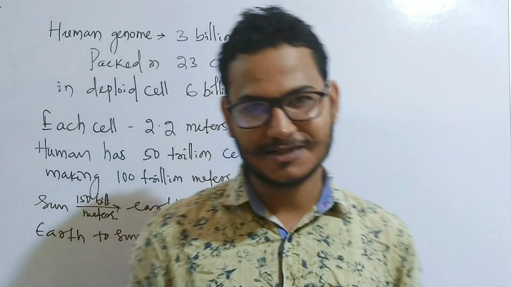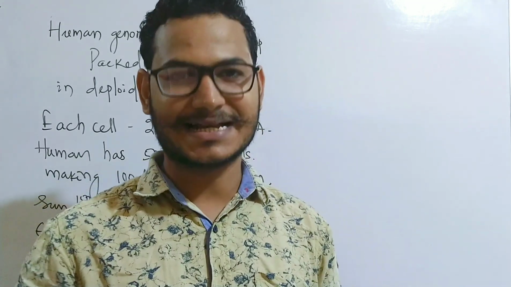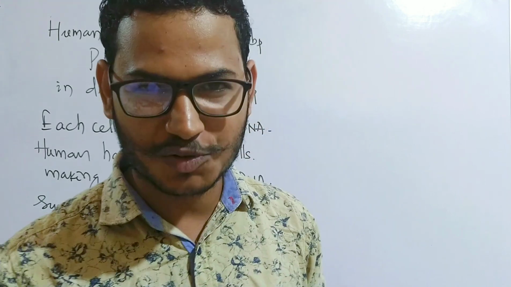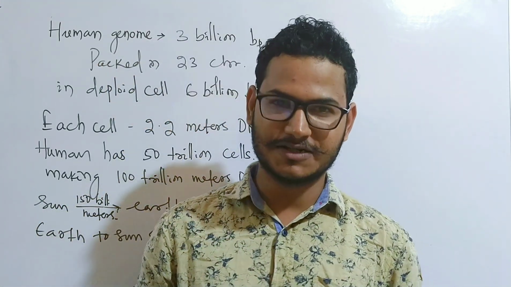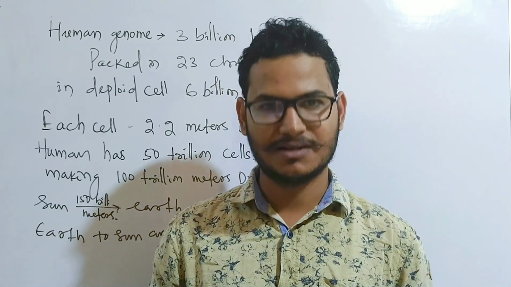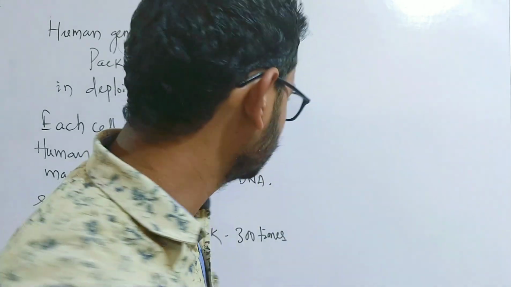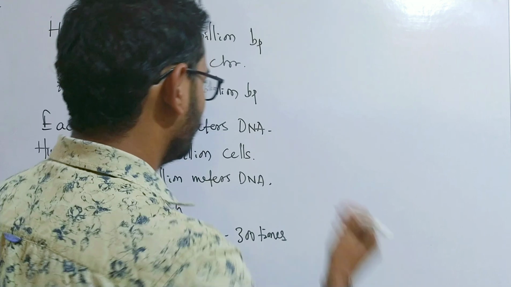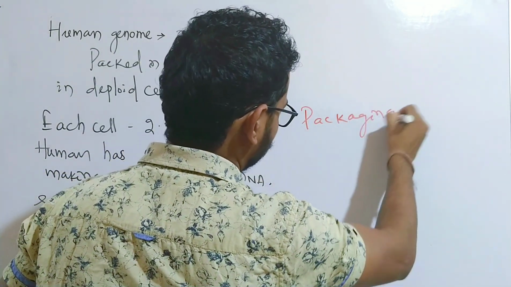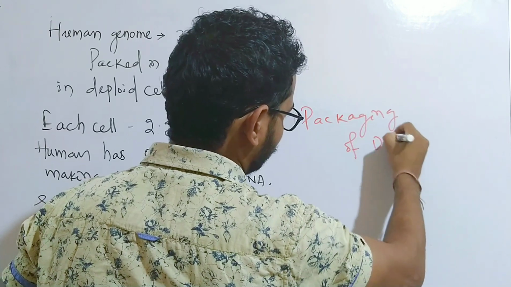Today in this video lecture we are going to understand the packaging of DNA. In my previous video lecture we have studied about the structure of DNA and particularly the Watson and Crick model of DNA. So in this video let's understand about the packaging of DNA.